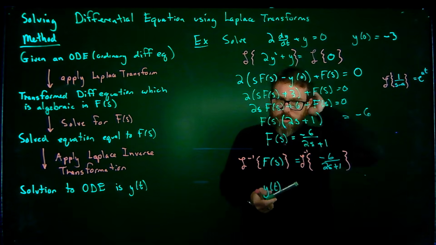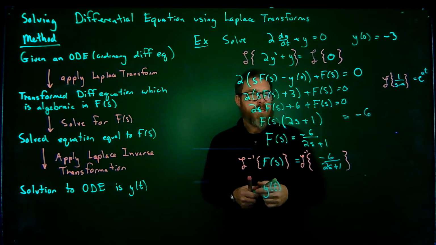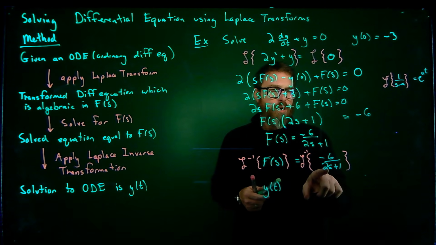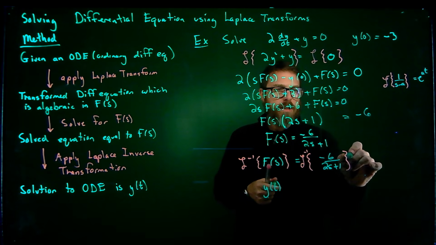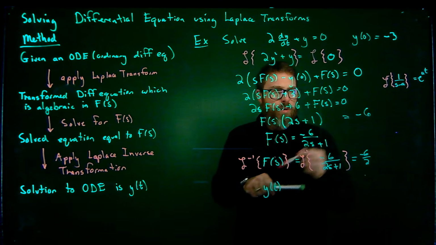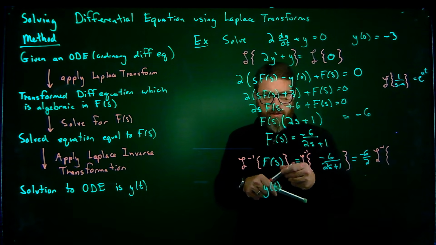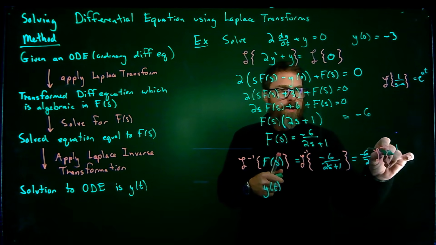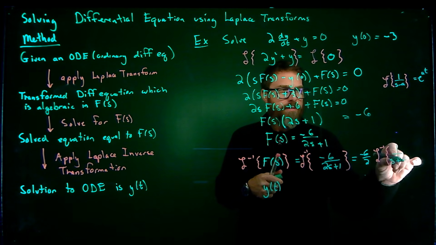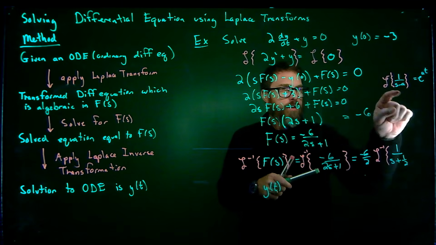So one thing I can do is pull out that 6, and also pull out that 2, that negative 6 and the 2. So pulling out negative 6 over 2, we're going to have the inverse Laplace of 1 all over s plus a half. Now it looks like this.